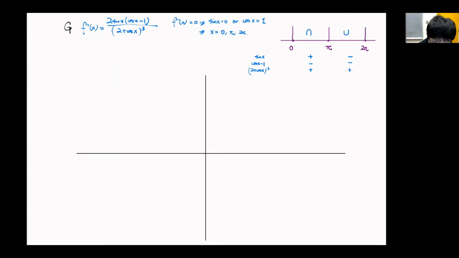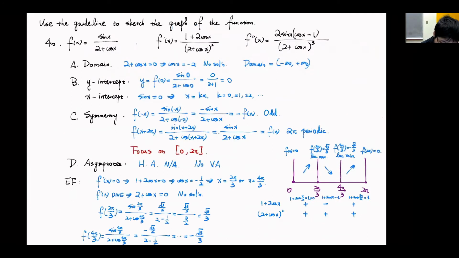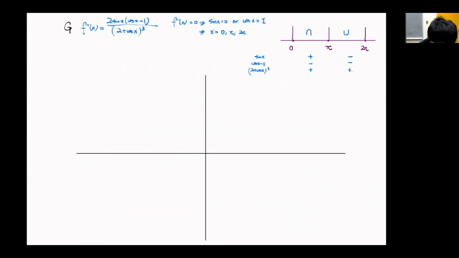Okay, so we are now ready to sketch the graph. Let's first collect the information here. The y-intercept is 0 and the x-intercepts are k pi, but since we are only interested in this finite interval temporarily, we will only mark 3 points over there. So I will just mark 0, pi, and 2 pi.